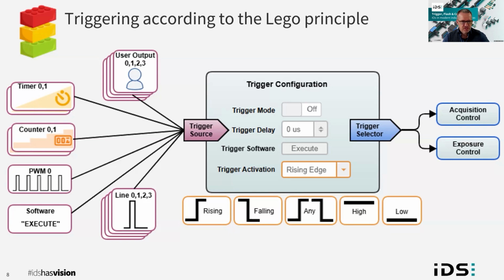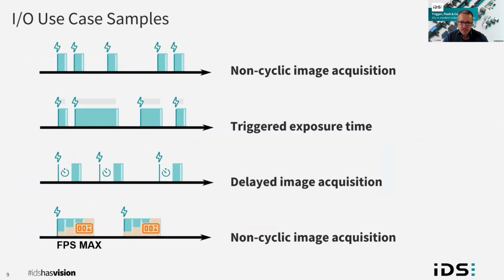Especially in the standard vision camera environment, users have access to a very versatile Lego-like trigger logic that enables highly flexible interconnection of internal and external signal sources, ideal for demanding applications with high requirements for timing and automation.